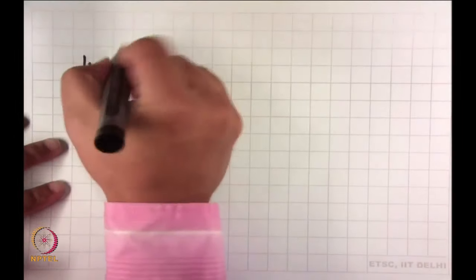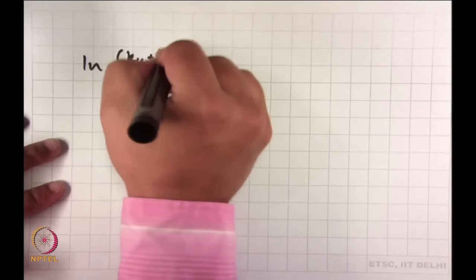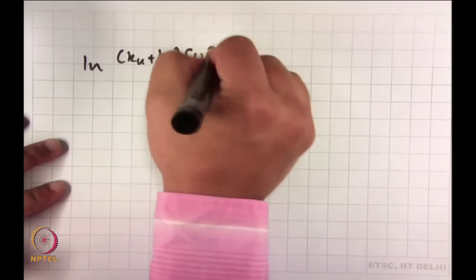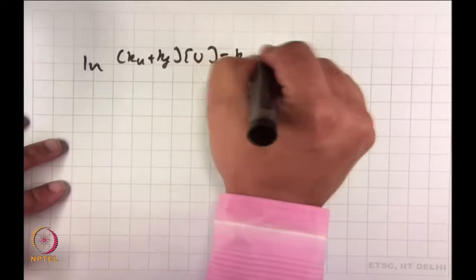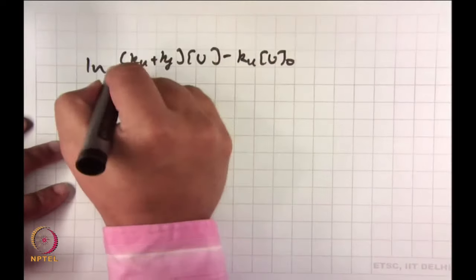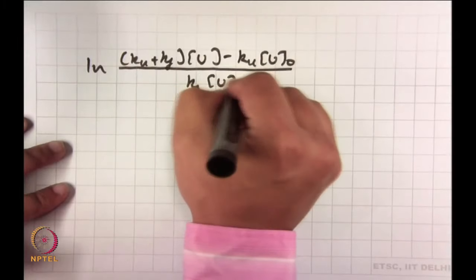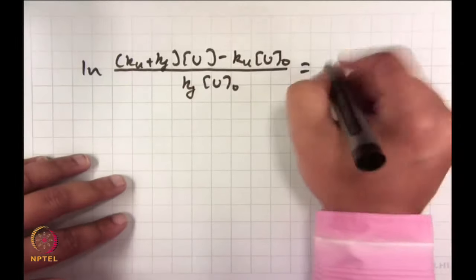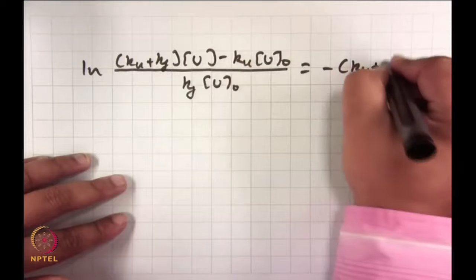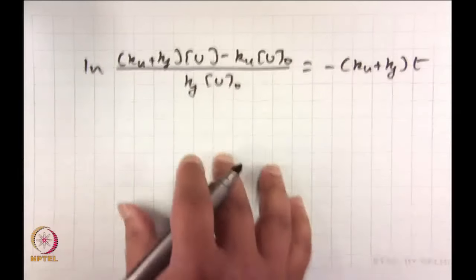So, if I do that, what I will have quickly is natural log of k u plus k f times u minus k u times u naught over k f u naught, is equal to minus k u plus k f times t.